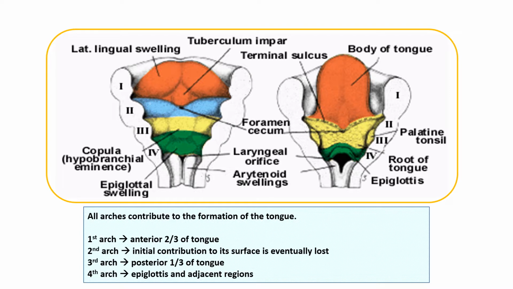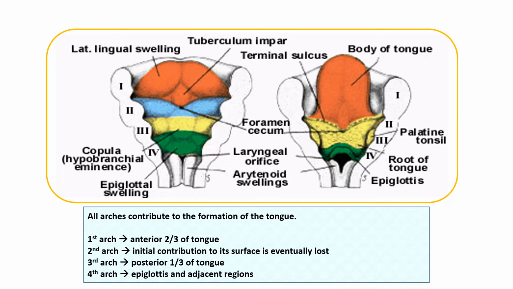Now, this medial lingual swelling, as you can see coming back to this image on the left, is labeled up here. It is called the tuberculum impar, and that's spelled out up here. Its appearance is the first indication of tongue development.